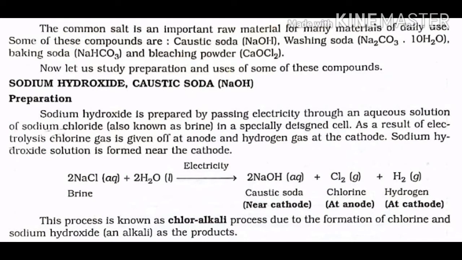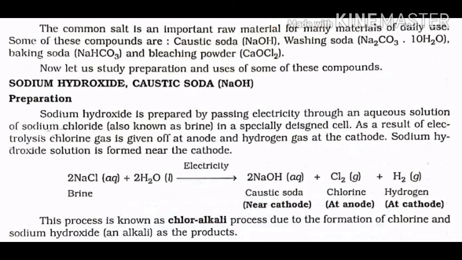The common salt is an important raw material for many materials of daily use. Some of these compounds are caustic soda NaOH, washing soda Na2CO3·10H2O, baking soda NaHCO3 and bleaching powder CaOCl2. Let us study preparation and uses of some of these compounds.